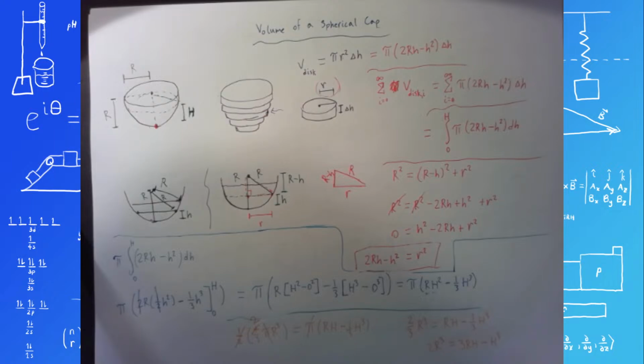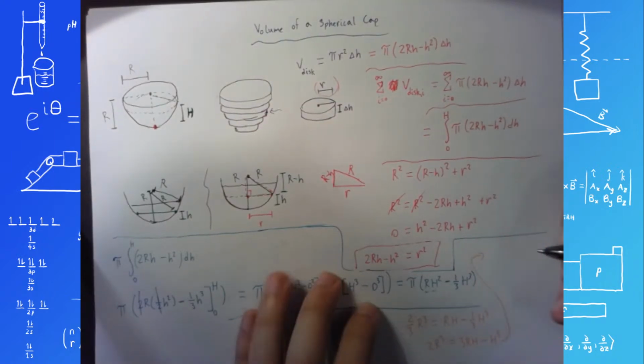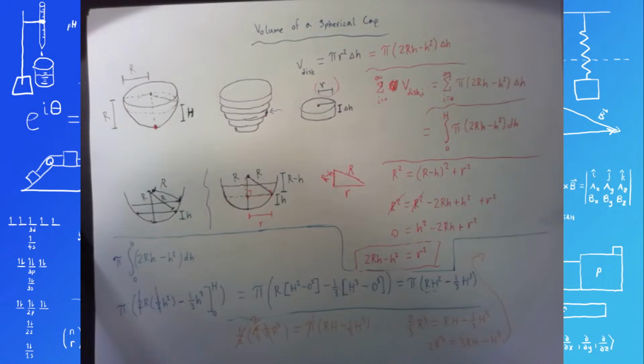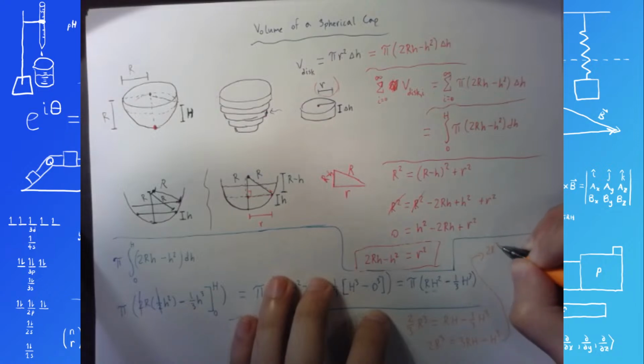How am I going to solve this for h? I don't know if it can be done. Is there maybe some sort of factorization I might be missing here that I can do to simplify? Well, let's try this. 2r cubed equals 3r minus h squared, all times h.